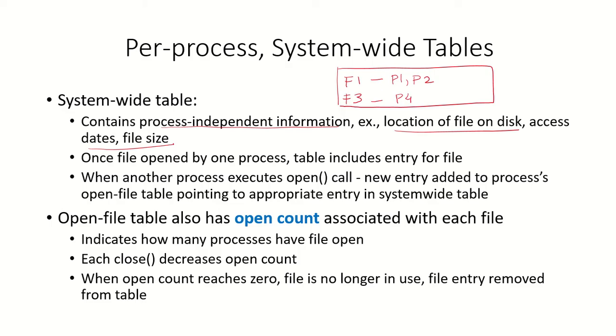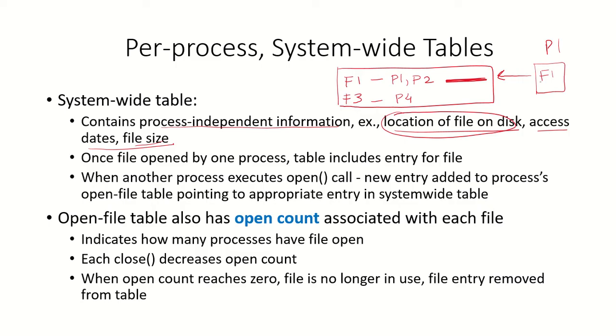Apart from that, the information here is the location of the file on the disk, the access date and the file size. So if any process P1 is using file F1 in the per-process table, the location will be accessed from the system-wide table.